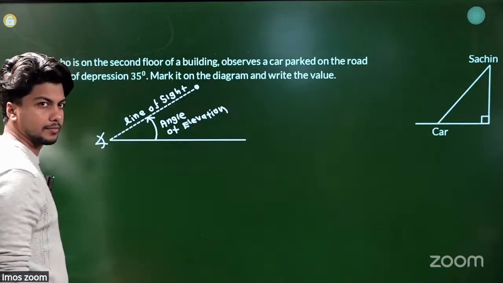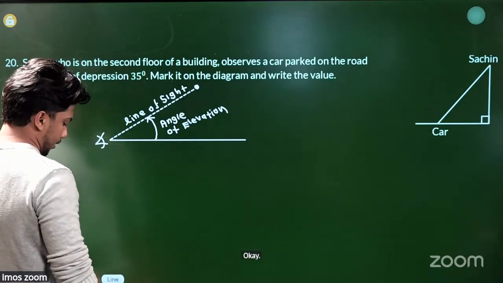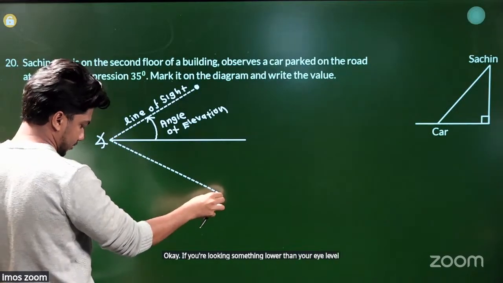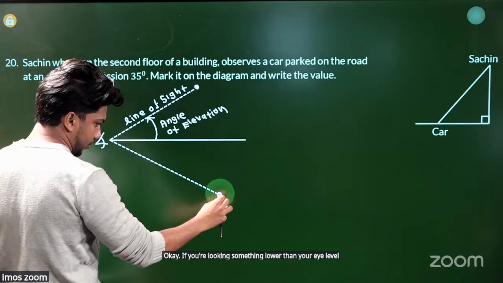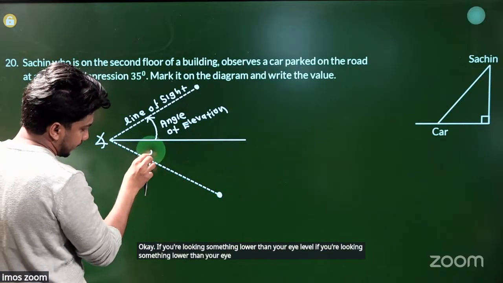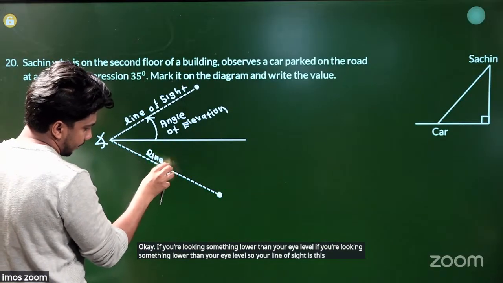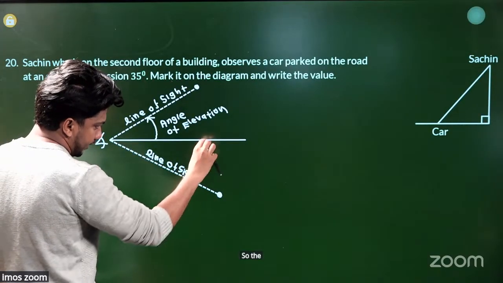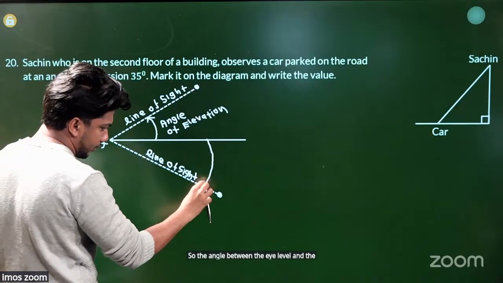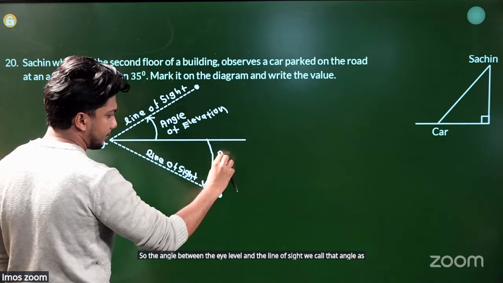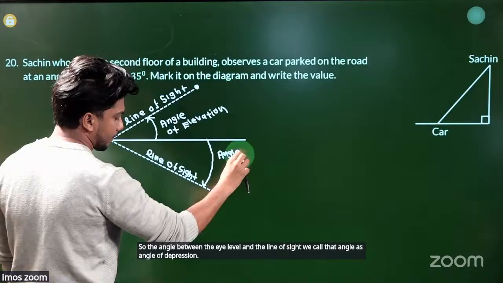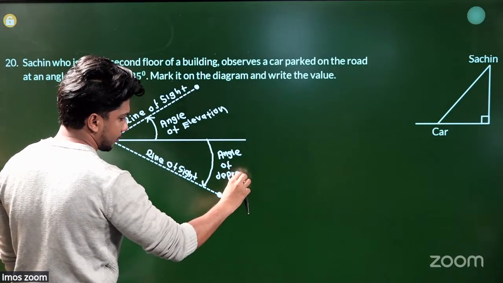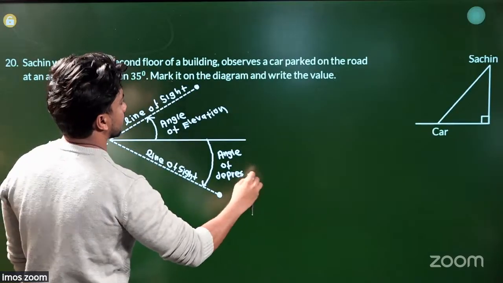If you're looking at something lower than your eye level, your line of sight is this. The angle between the eye level and the line of sight, we call the angle of depression.